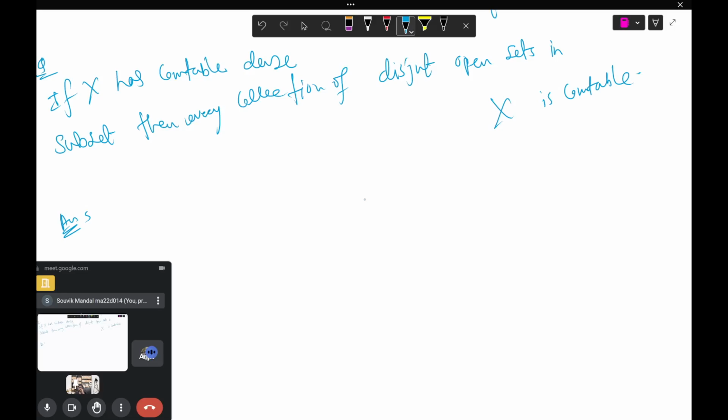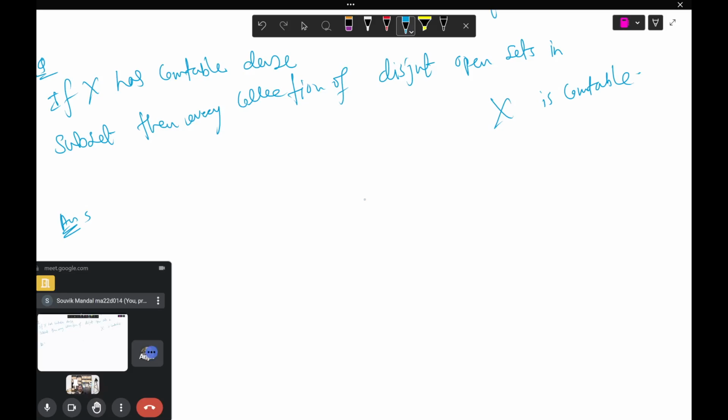If we take a map from the index set where we index the U alpha to U alpha... No, don't think of a map. Just use the definition of denseness and countability. The maps are not coming into this picture. No need to use maps unnecessarily.